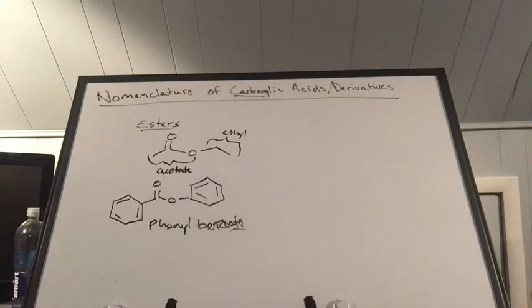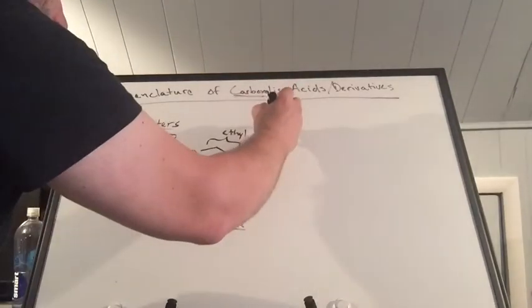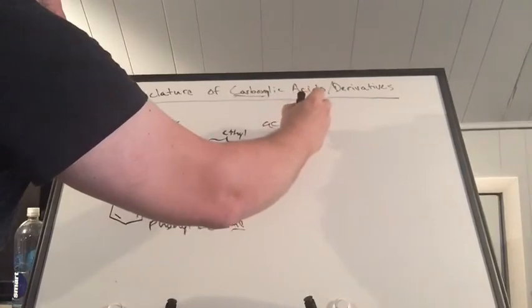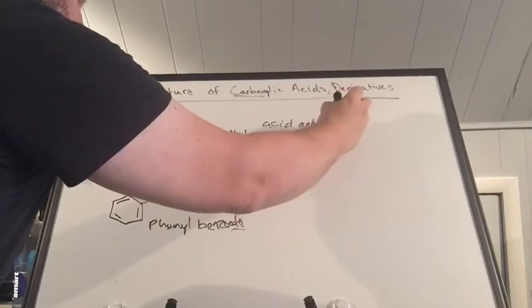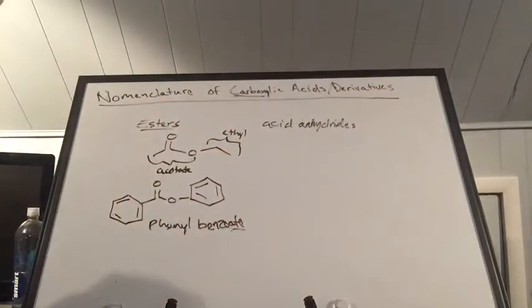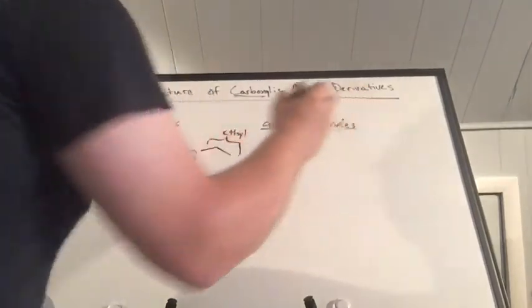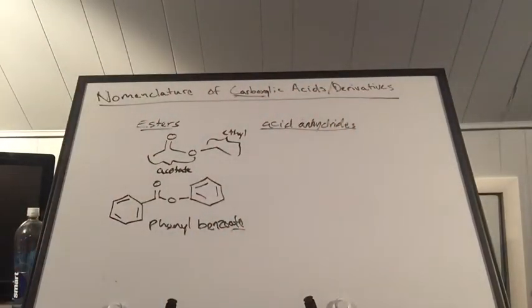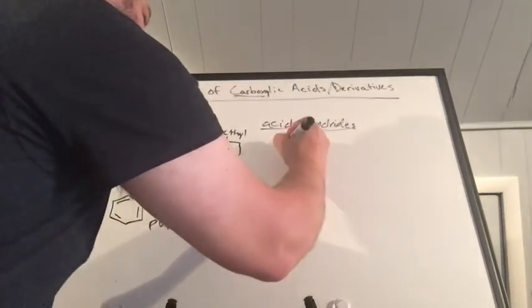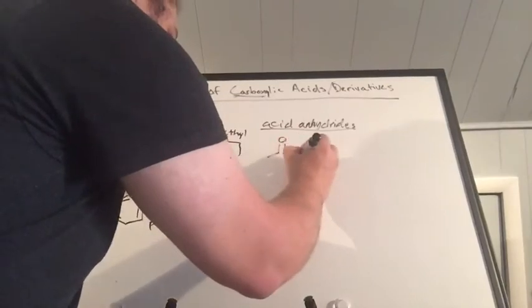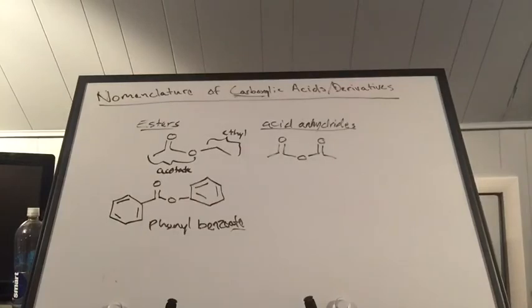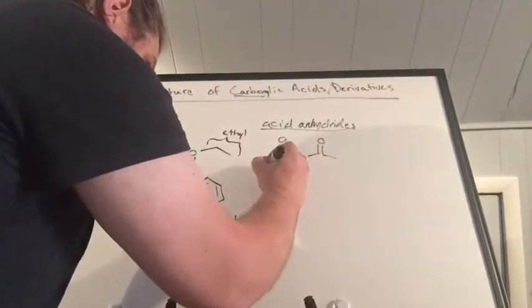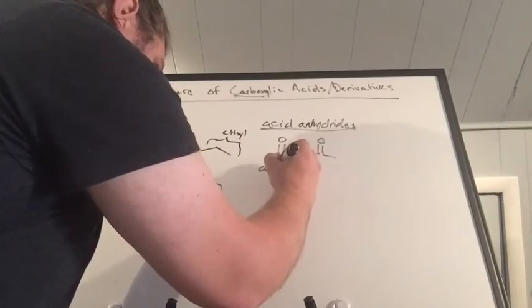Okay, and then acid anhydrides, which are even slightly more obscure. So acid anhydrides are simply, if you were to, let's say, fuse two carboxylic acids together and condense them into one, right? So in other words, something like this, so you're going to have symmetric and then maybe some asymmetric ones. This would be a symmetric acid anhydride, which would be acetic anhydride. So this is an acetylating agent.